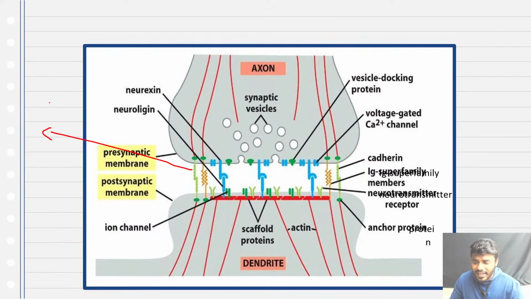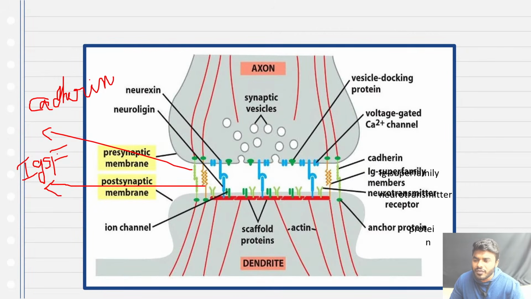Cadherin, I hope you all remember also. Cadherin can mediate what kind of interaction? Homophilic interaction. We read it very clearly. And the immunoglobulin superfamily CAM molecule also mediates what kind of interaction? Undoubtedly we know that they also follow homophilic interactions only. We all know that very well.